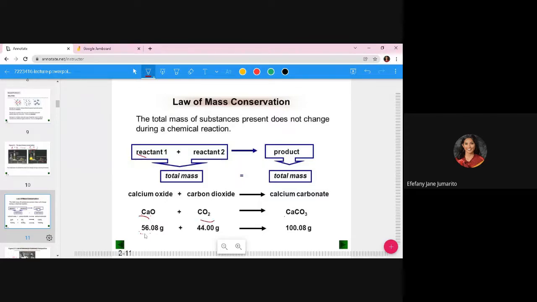The mass of your calcium oxide plus the mass of your CO2, this is the reactant side, will be equal to the mass of your calcium carbonate.